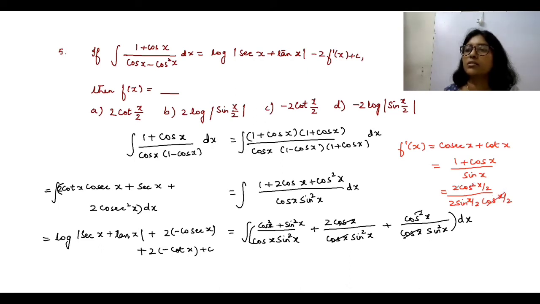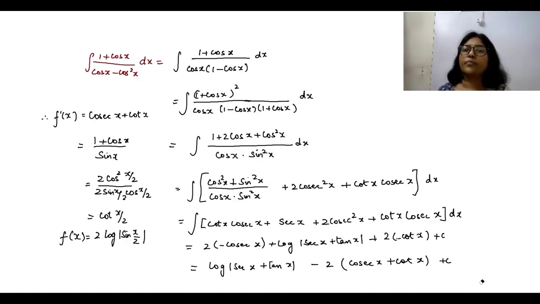On cancelling the terms, we are left with cot x by 2, integration of, this is f dash x, so we are looking for integration to find f x. So integration of cot x by 2 is log modulus sin x by 2, and in the denominator you differentiate x by 2, so that will give us half in the denominator, so 2 log sin x by 2 it is.